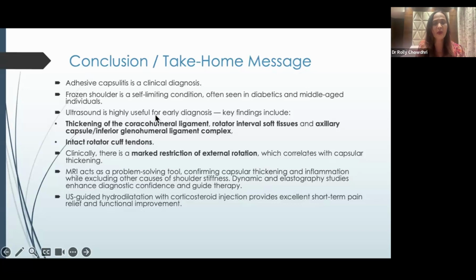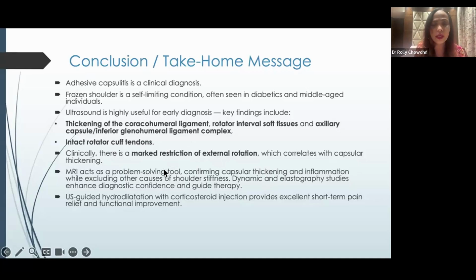Look for thickening of the coracohumeral ligament of more than 4 mm, increased rotator interval soft tissue, and possible neovascularity. The axillary capsule or pouch is more than 4 mm or more than 60% thicker compared with the contralateral side. Clinically, it's very important to note there is marked restriction of external rotation movements. So we should all be aware of these 3-4 points.